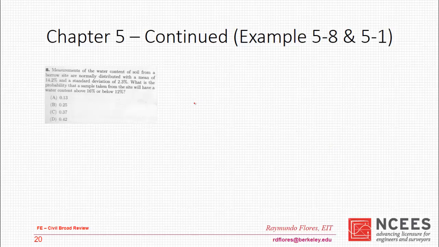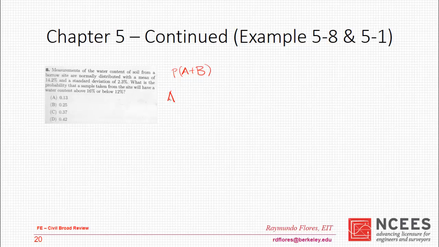Anyway, let's see an example. It says, measurements of the water content of soil from a borrow site are normally distributed with a mean of 14.2% and a standard deviation of 2.3%. What is the probability that a sample taken from the site will have a water content above 16% or below 12%? If we're going to do a problem like this, we basically want to know what P of A or B is.